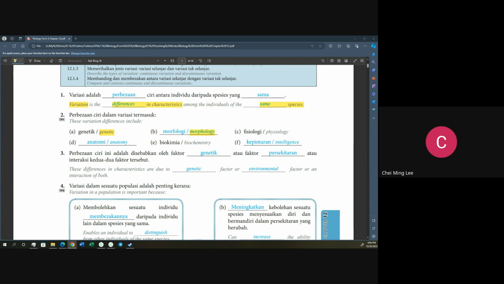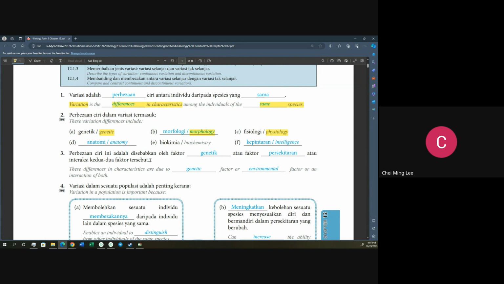We are talking about the form and shape of the organism. So in Chinese, we call it 形态学.